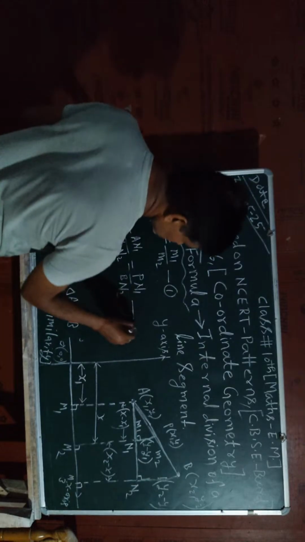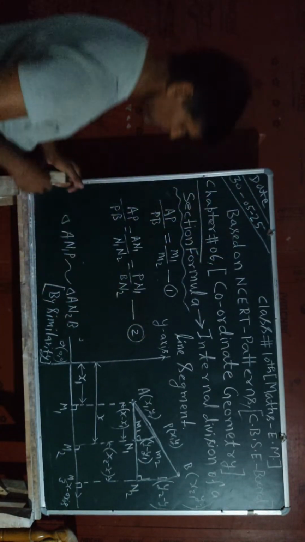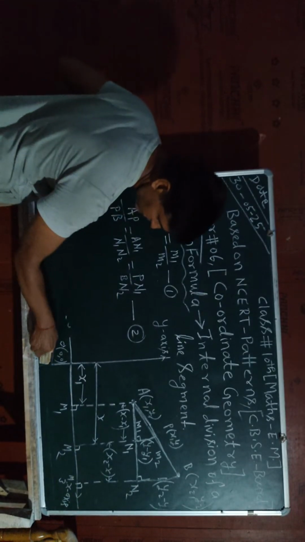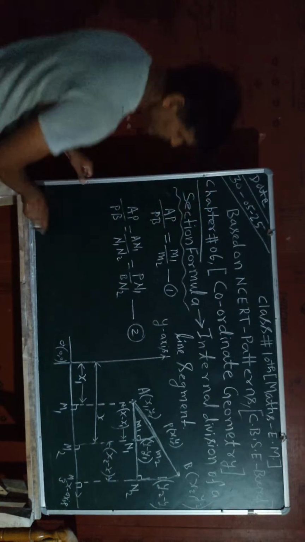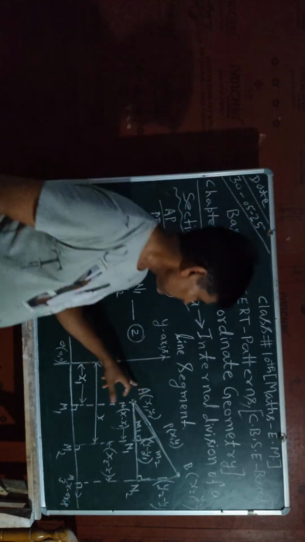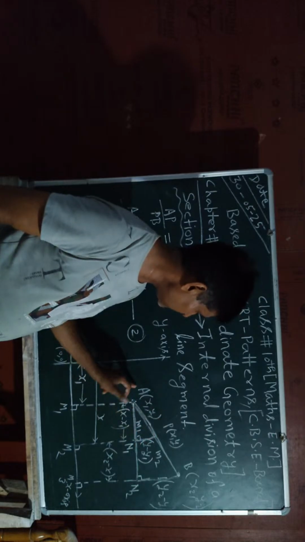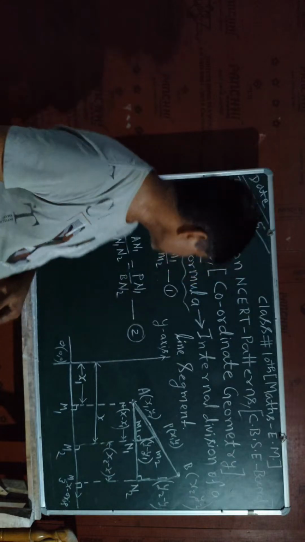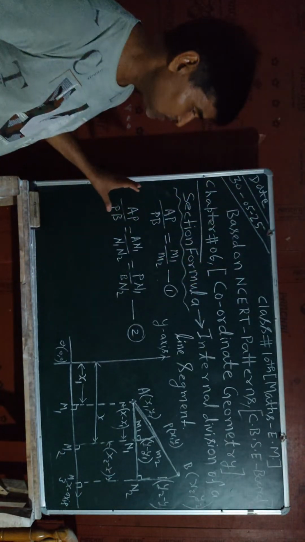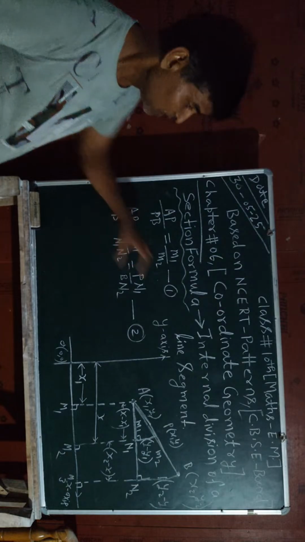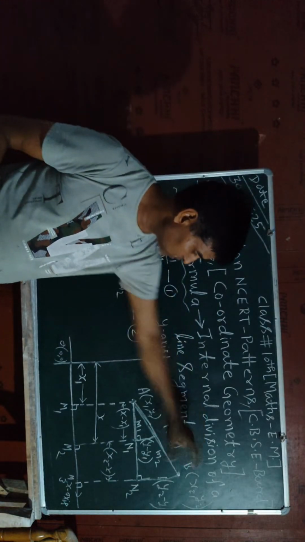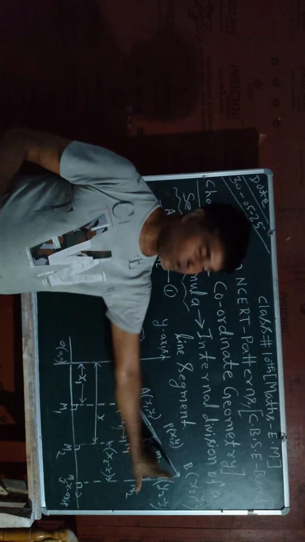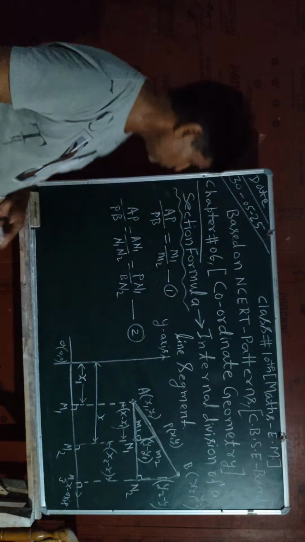Okay students, this is equation number 2 from the similarity of the triangles. Because triangles AN1P and AN2B are similar, I will use the concept of similarity: this length divided by this length is equal to this length divided by this length. The ratios of the sides will be equal.